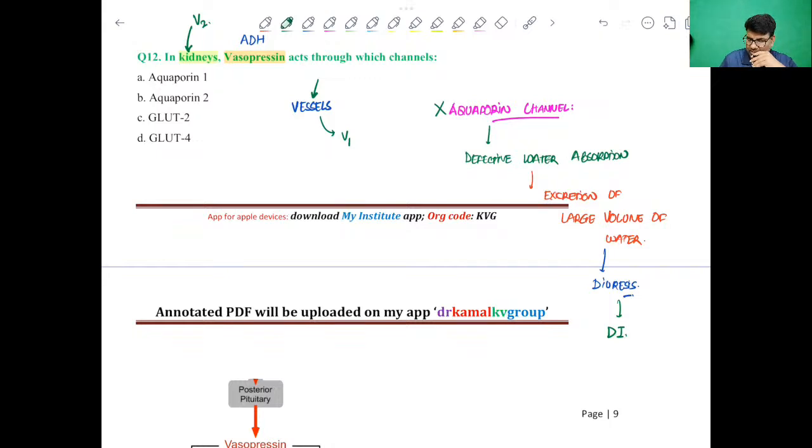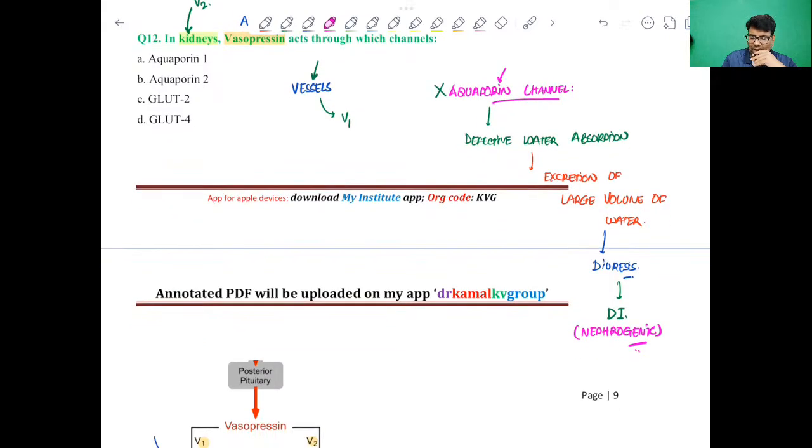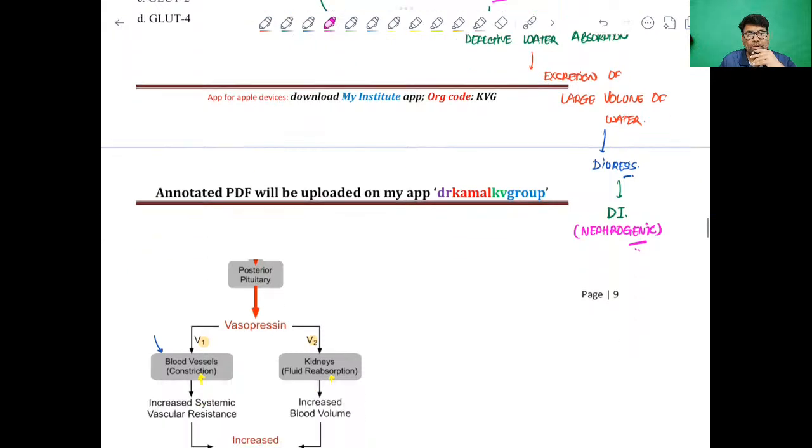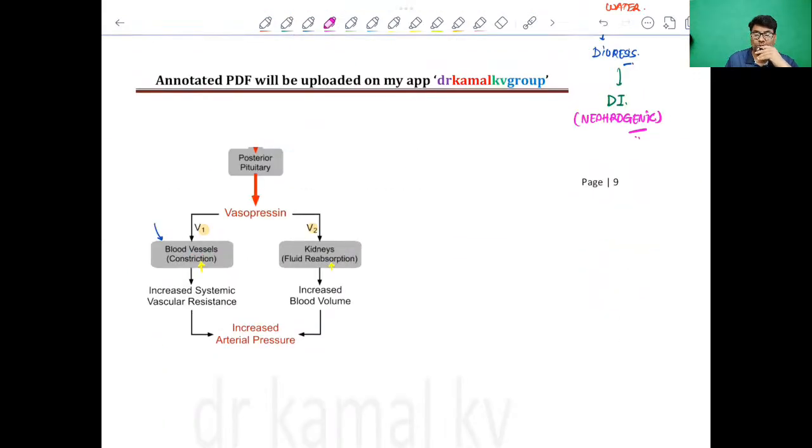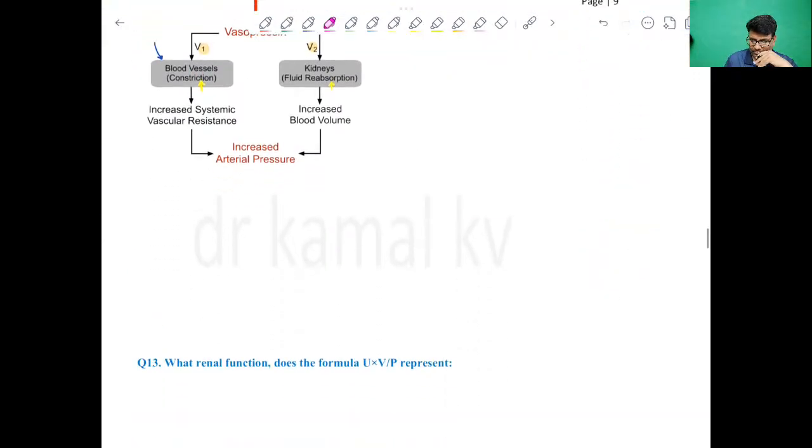But since it is developing within the kidney, we will call it nephrogenic diabetes insipidus, because there is central diabetes insipidus as well. So this is the importance of aquaporin channel, especially responsible for resorption of the water in kidneys.